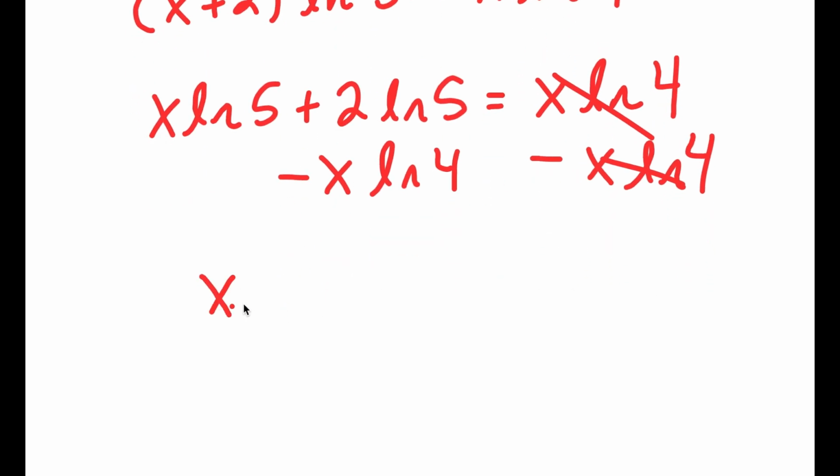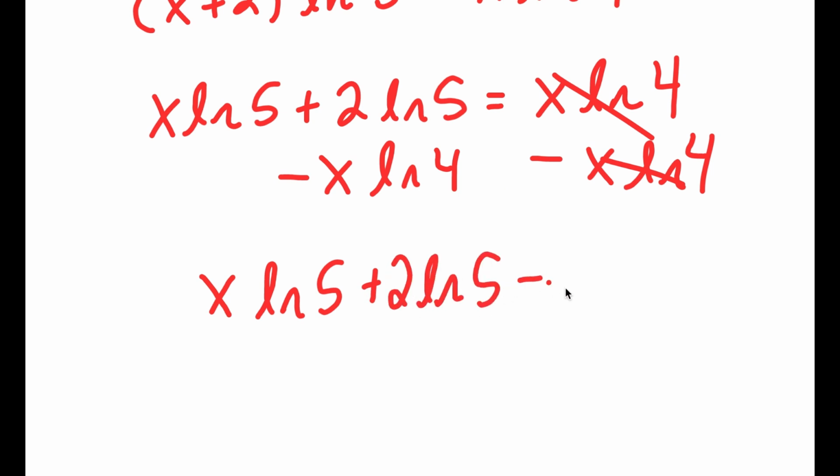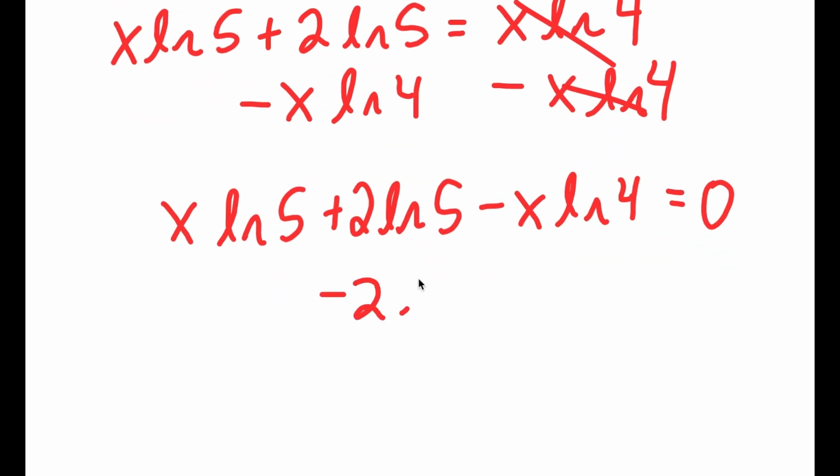So I get x times ln of 5 plus 2 times ln of 5 minus x times ln of 4 is equal to 0. And now I'm going to subtract 2 times ln of 5 on both sides.